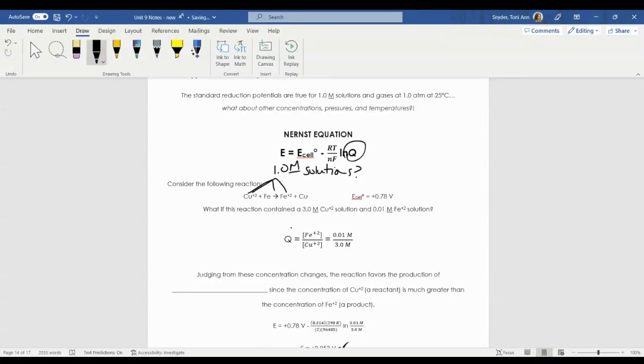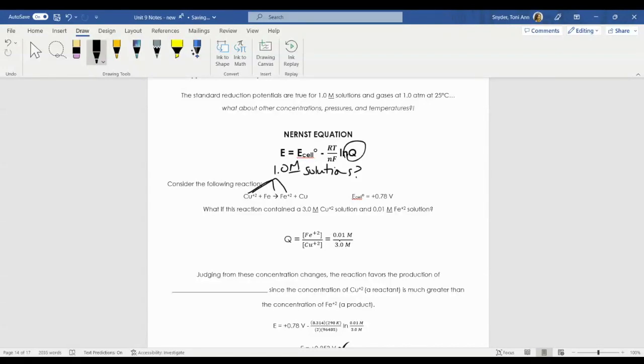Let's think about it. For Q, remember, Q is not necessarily at equilibrium. If I look at these concentrations, products over reactants, my iron plus 2 concentration is 0.01 molar, and my copper plus 2 concentration is 3 molar. What is that going to do?